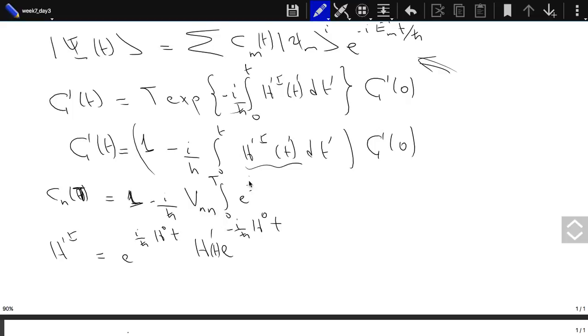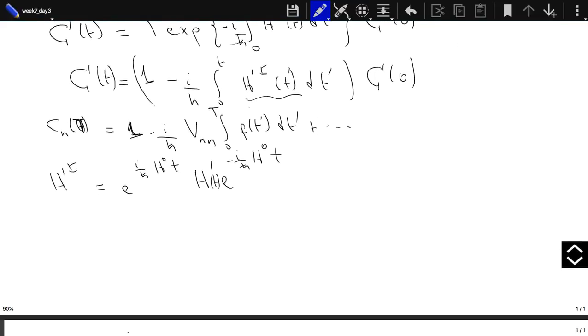Well, there's no e to the power i over h bar, because we are looking at the nn matrix element of this one, and from the left-hand side we get e to the power i over h bar En of t. From the right-hand side we get e to the power minus i over h bar En of t, and they just give 0. So here we end up having f of t prime dt prime plus higher order terms.